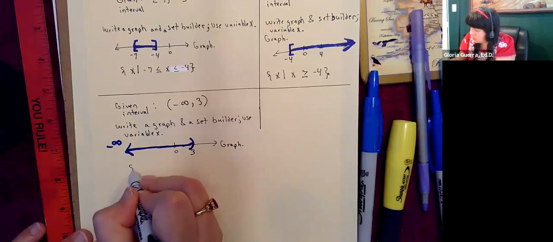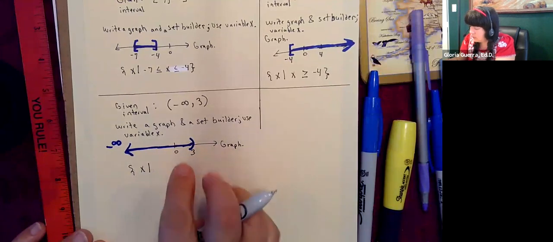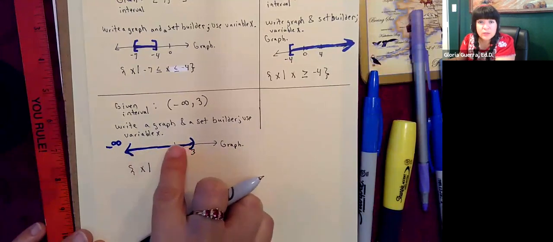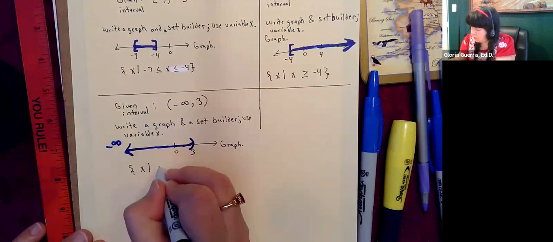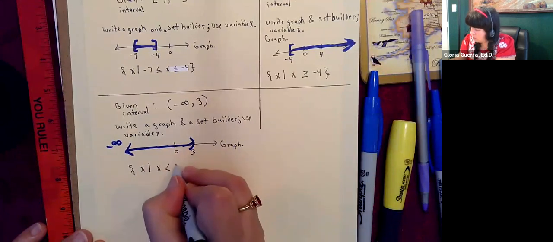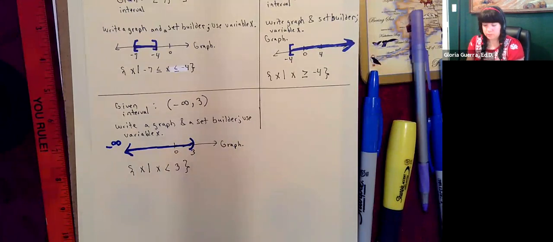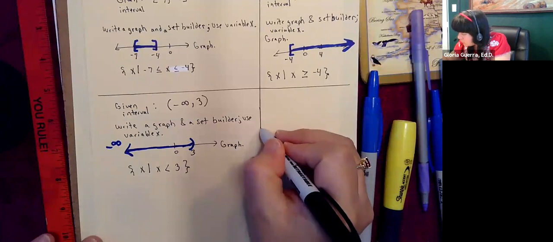And then my set builder is I'm going to use x again, such that, and this is saying that all my unknowns are less than 3.